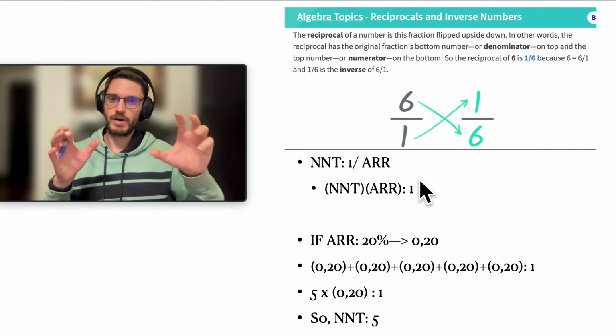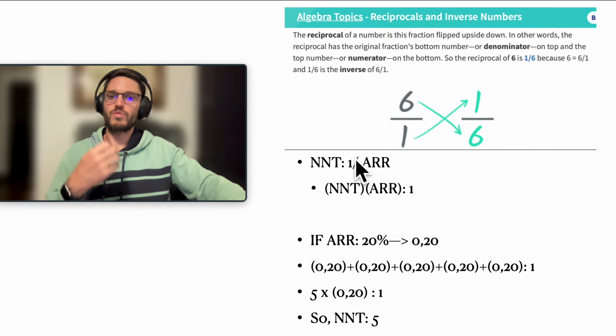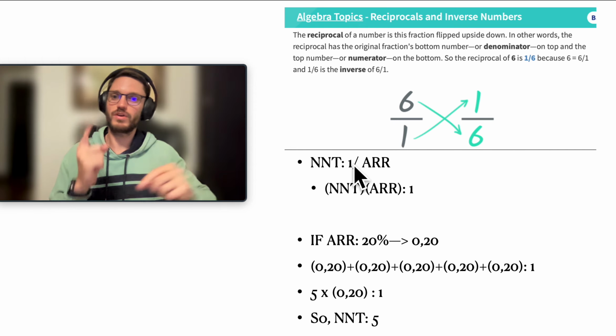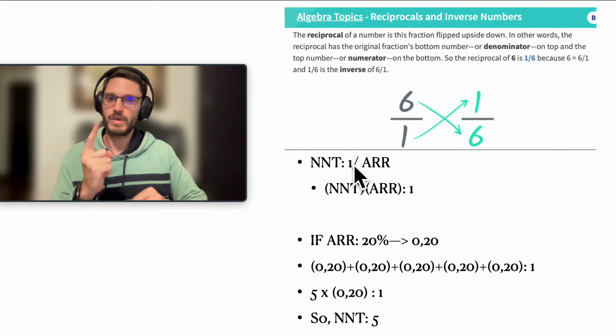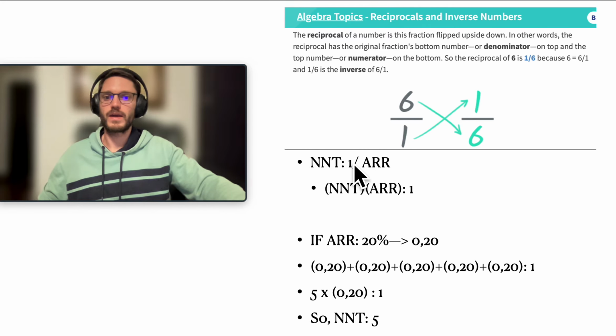So if you think about this, how many new patients do we want to save or reduce the outcome, or how many do we want to figure out that have been saved? It's just one. We want to know how many we have to treat in order to reduce the outcome in just one person. That's why we have the number 1 here, and that would be over the ARR.